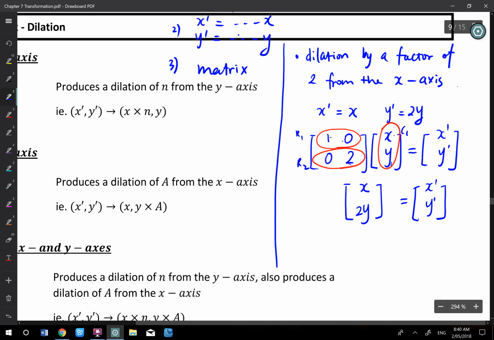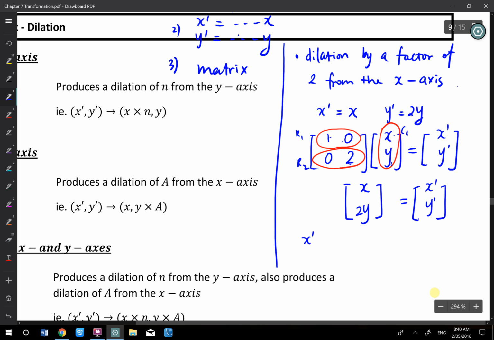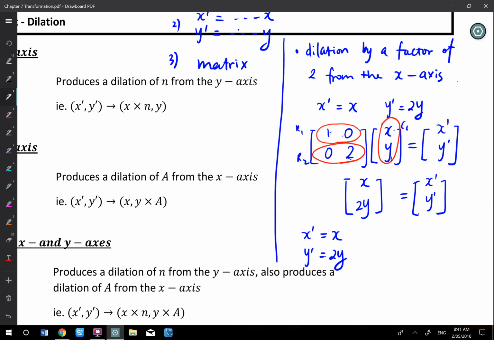So remember, two matrices are exactly the same when they look identical, they have the same size, same dimension, and all the corresponding entries must be the same. So now I say this matrix equals that matrix. What you can tell me is x dash equals x, and y dash needs to be the same as 2y. Okay, can you see what I'm doing here?